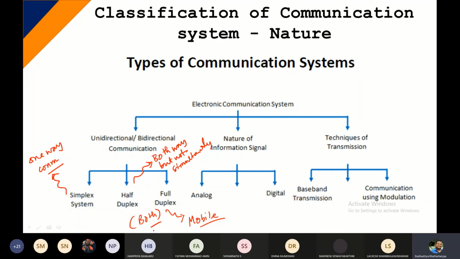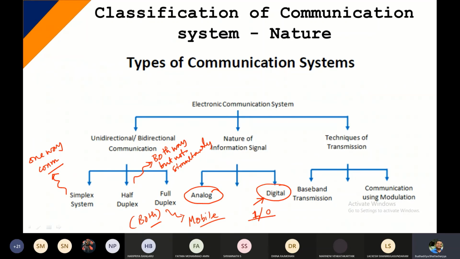The other classification is based on the nature of the information signal. Okay, the nature of the information signal means either the information can be analog in nature or digital in nature. As we all understand, from the point of view of a layman, a digital signal will only constitute either ones or zeros.